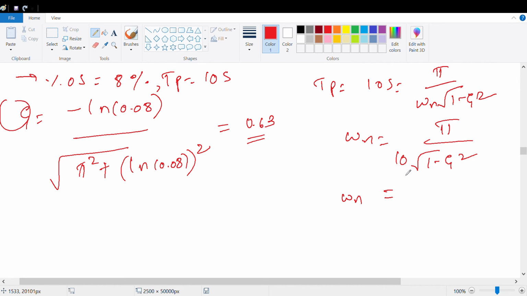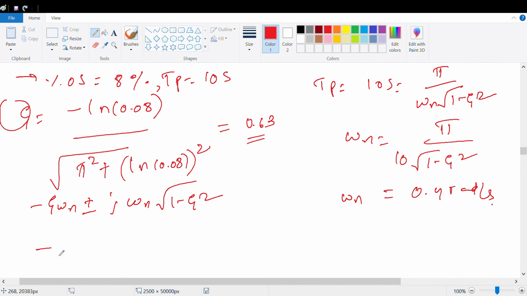Minus square root of 0.63 and 0.4 radians per second. Therefore the pole's location is minus zeta omega n plus or minus j omega n into the square root of 1 minus zeta square.